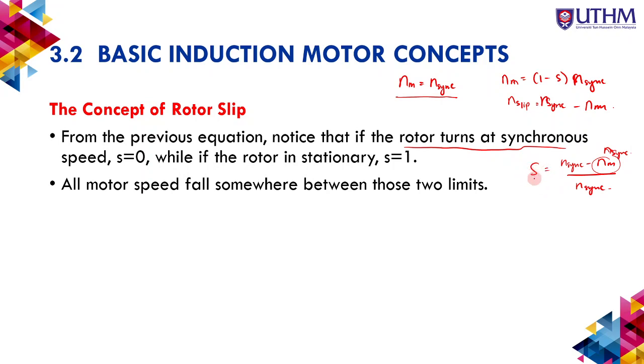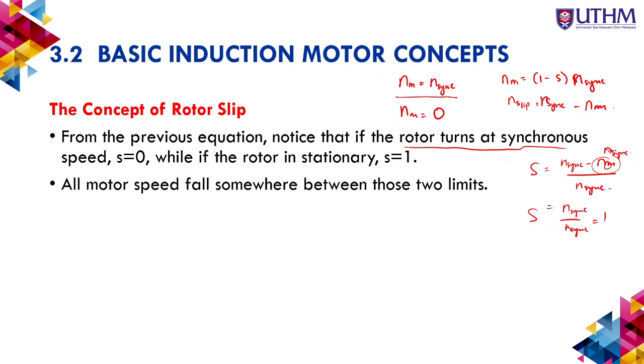While if the rotor is stationary, so if the motor is not moving, when nm is equal to 0, then n sync divided by n sync is equal to 1.